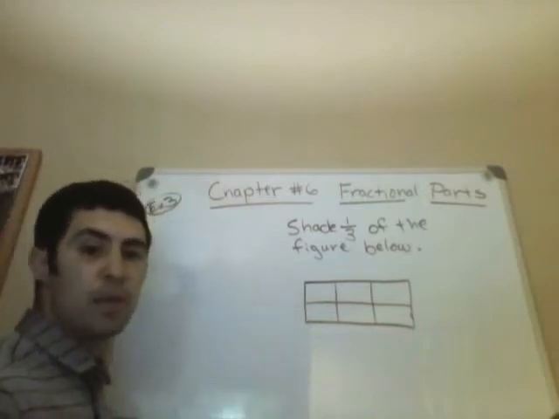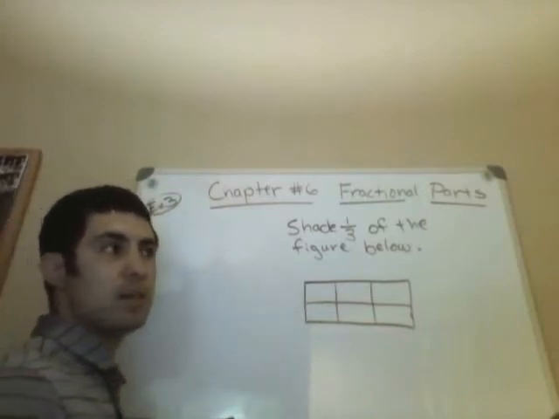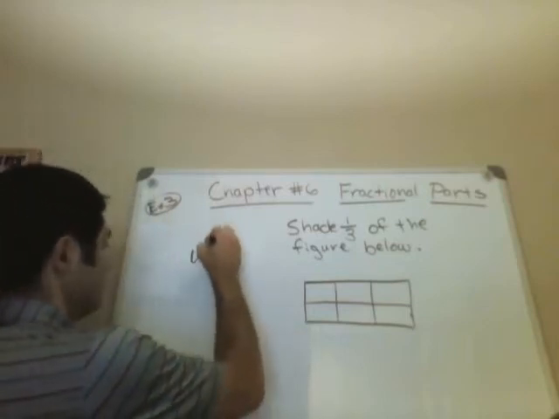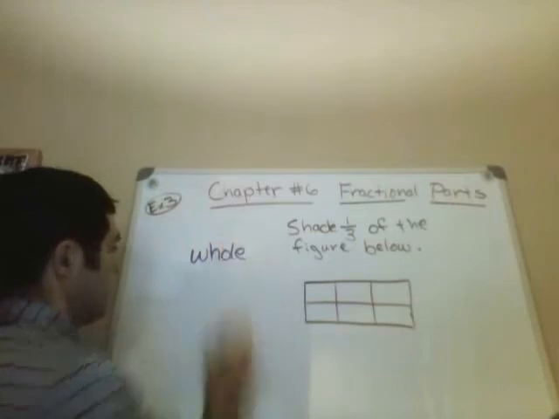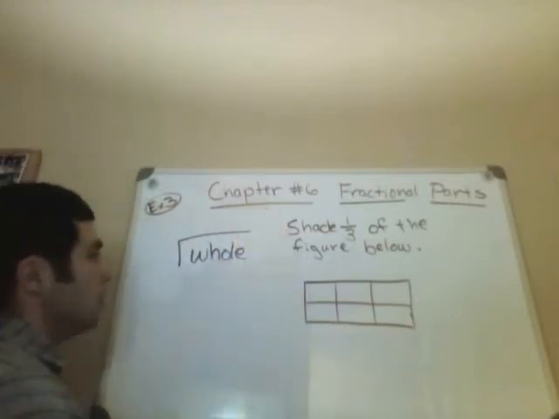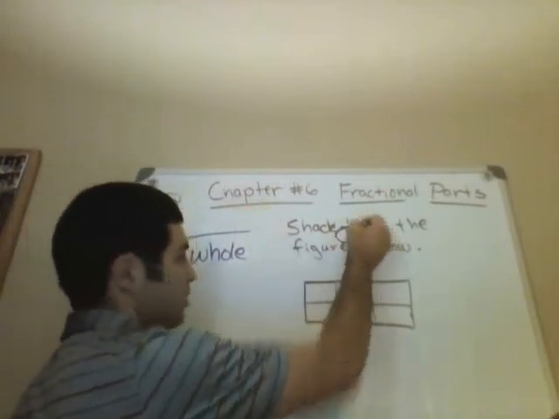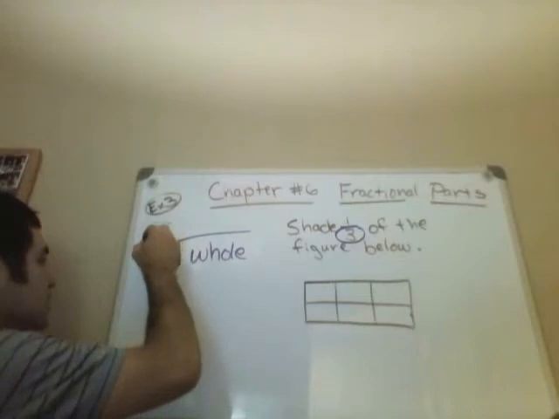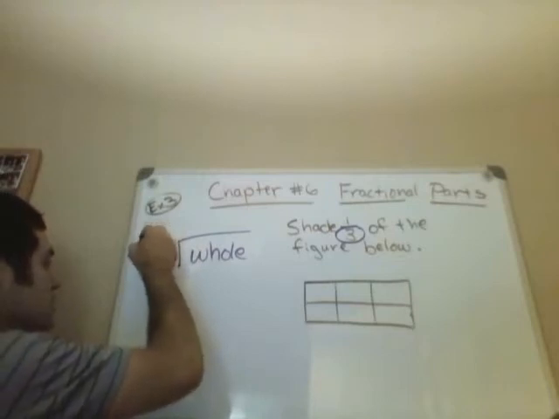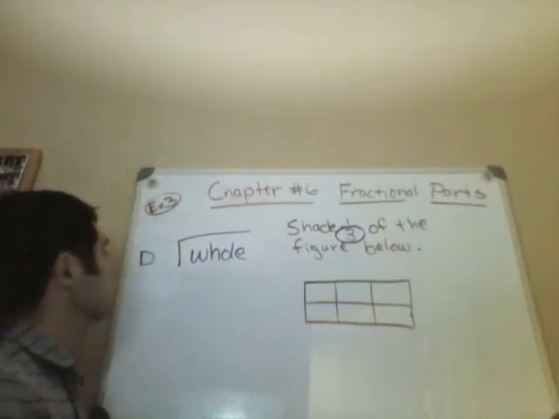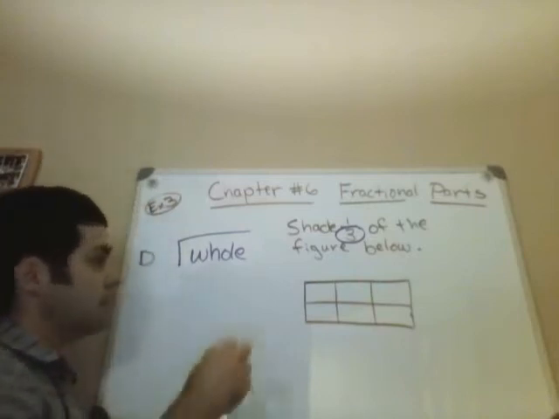You find a number that represents what your whole is, and whatever that is, you're going to divide it by whatever's in the denominator of the fraction. I'll just put D for denominator.